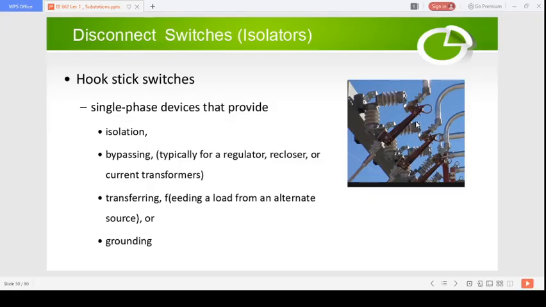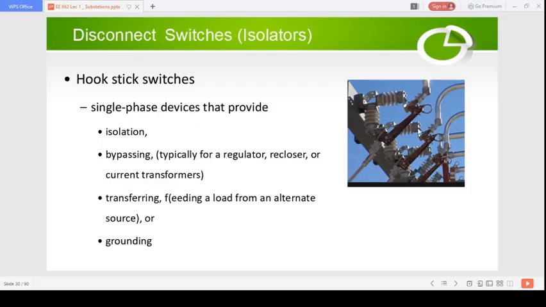So it can act as a bypassing device as well, and for transferring, so for feeding a load from an alternative source, you can also use these hook stick switches. And for grounding as well. They can be used in many applications, depending on how you have installed and configured them.